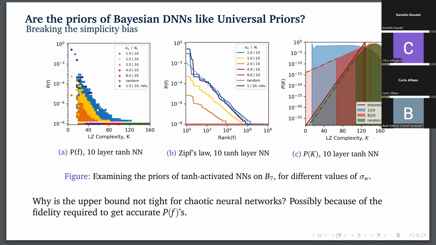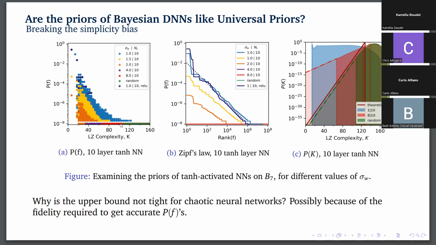By the time your sigma W equals 4, you never find one function more than once. So you can see these little purple dots here. By the time your sigma W equals 8, you again never find the functions more than once, and you never really find any functions simpler than complexity of 65 in 10 to the 8 samples.